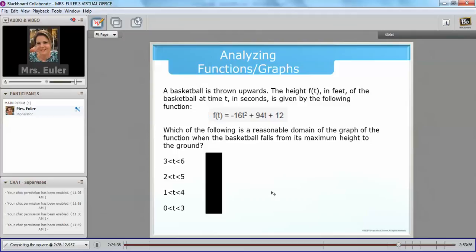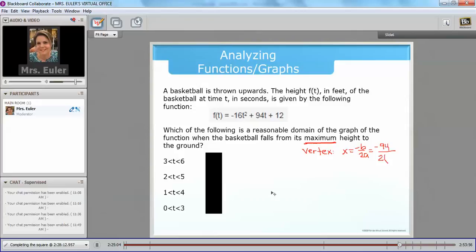All right. Some keywords again. We see the word maximum, and we just talked about the fact that that's important, it tells us that we need to find the vertex. And so we're going to use our formula again, x equals negative b divided by 2a. In this case, negative b is going to be a negative 94 divided by 2 times a.